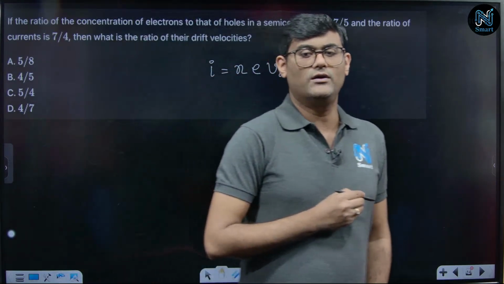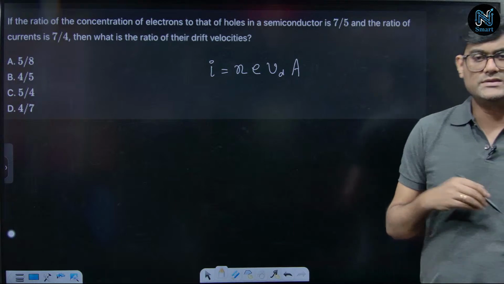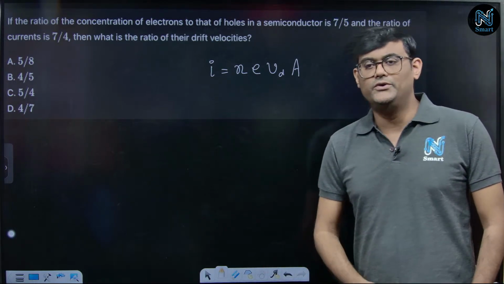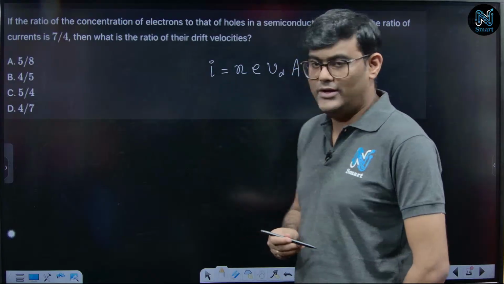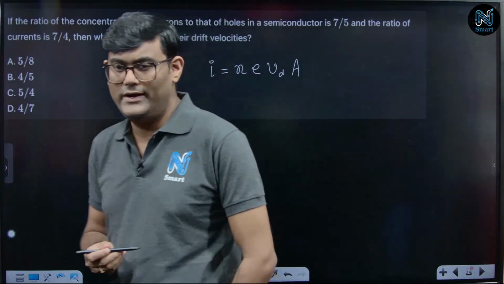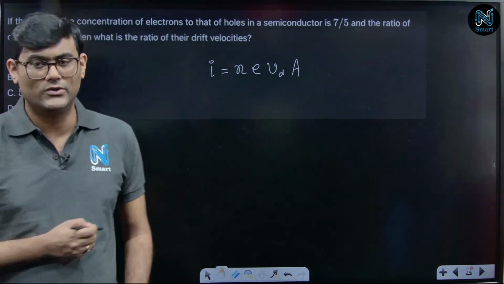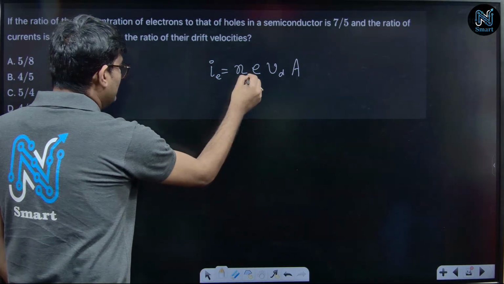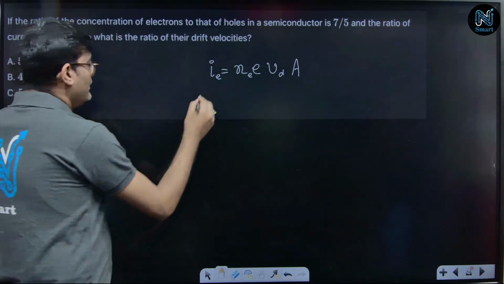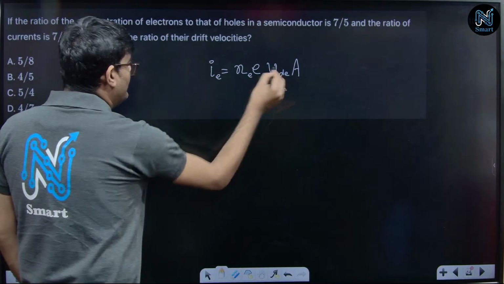So that is the formula for the current, and similar is the formula for the current due to holes. Only thing is that I will use the concentration not of the electrons when I will find the current due to holes. So if we take current due to electron I_e, then this will be n_e e, and drift velocity of electron.